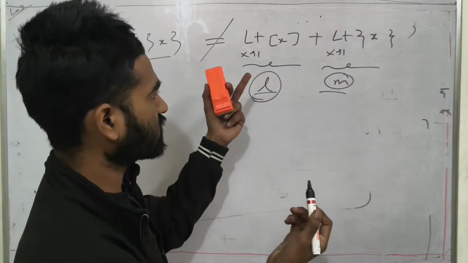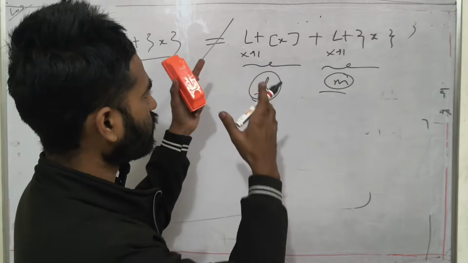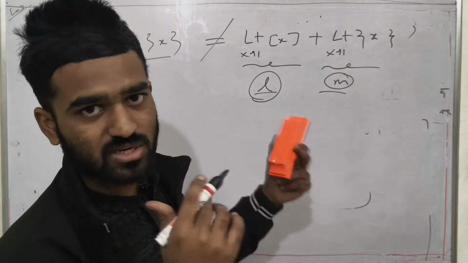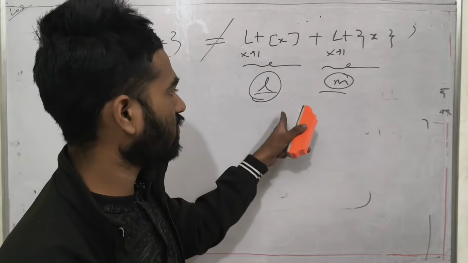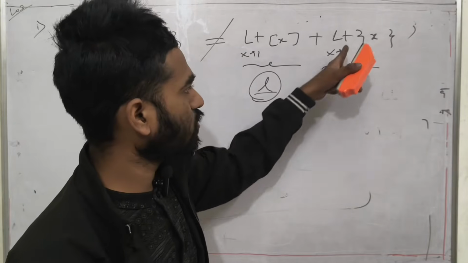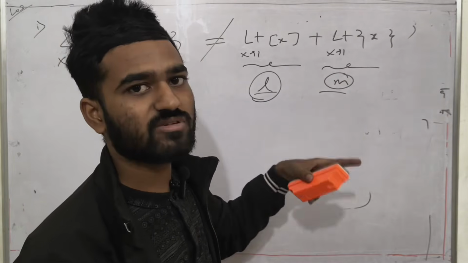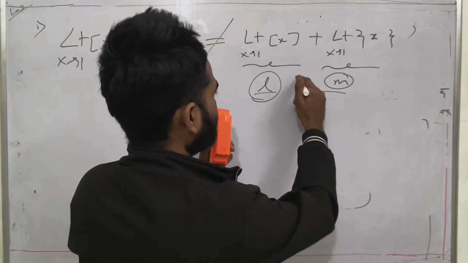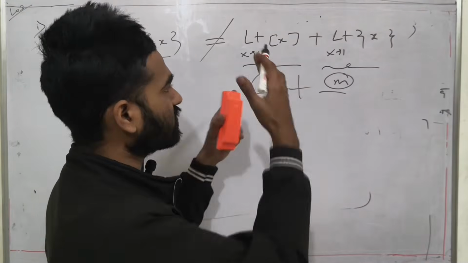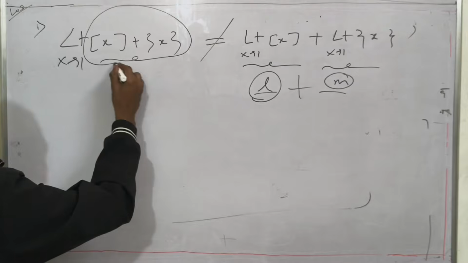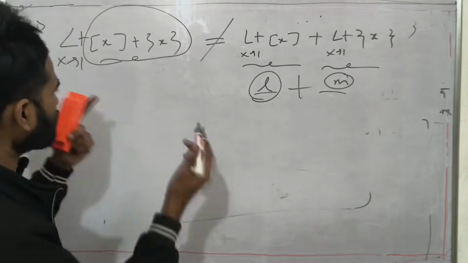Let's take an example: if the limits exist, you find limit x tends to a of f of x, the left hand limit and right hand limit, and you give a single value L for that, and similarly a single value M for the other, and then you add them, after finding individual limits. But here you assumed it as a single function first, then you apply.